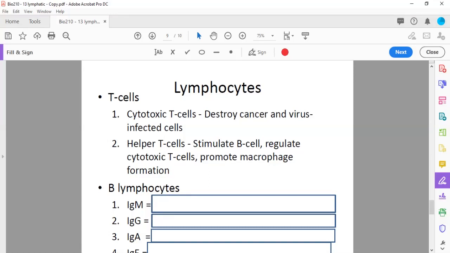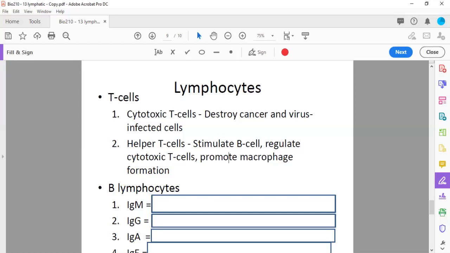One thing, let's talk about the HIV virus. The HIV virus is very, very shrewd because it infects the helper T cells, and the helper T cells have more functions involved as opposed to the cytotoxic T cells.